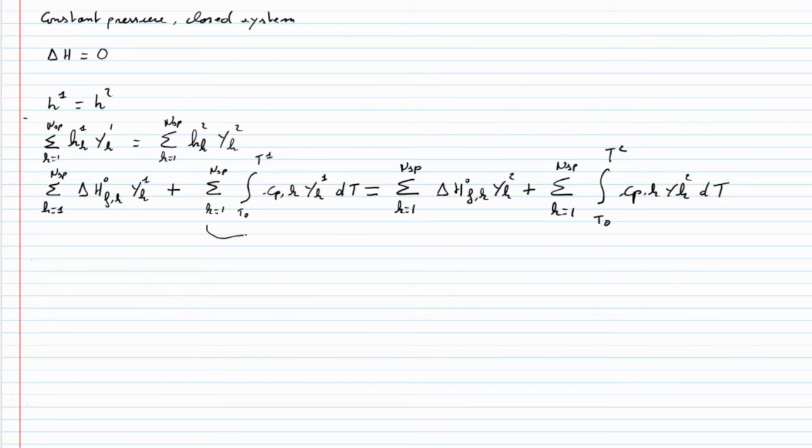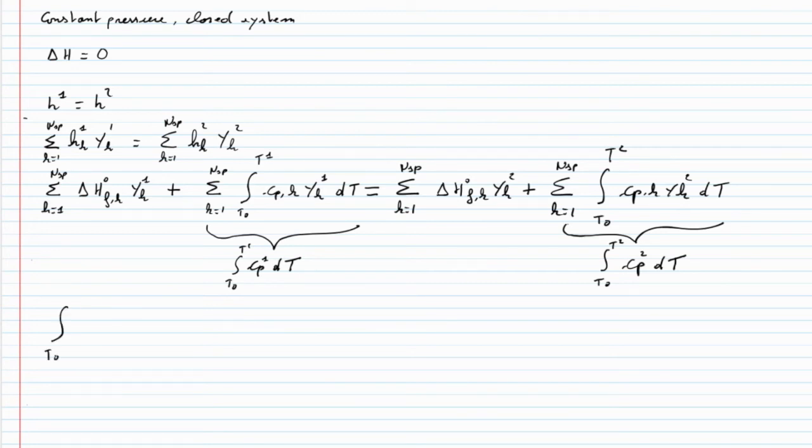The sum over the species of the integral from T0 to T1 of cpk Yk1 can be replaced by the integral from T0 to T1 of cp1 dT, where cp1 is the mean mixture heat capacity of the fresh gases. The same operation can be done for the burned gases, where we can introduce the integral from T0 to T2 of cp2 dT, where cp2 is the heat capacity of the mixture of burned gases.